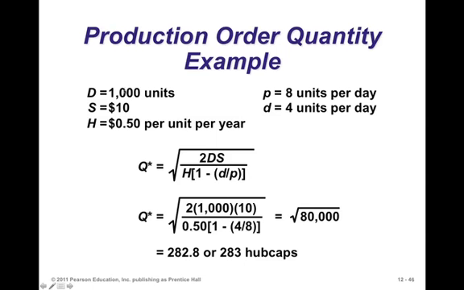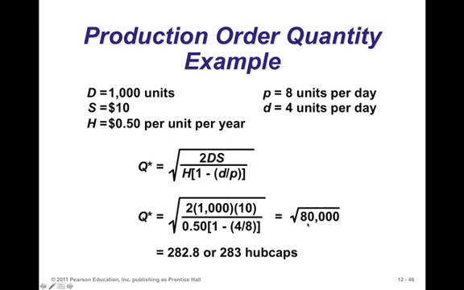And I think if we look here, the cost parameters are the same. The production rate is 8 units per day. The demand rate is 4 units per day. And we can see now in this model, we actually are producing 283 units compared to the EOQ that we looked at earlier, which actually had an optimal order quantity of 200 units.